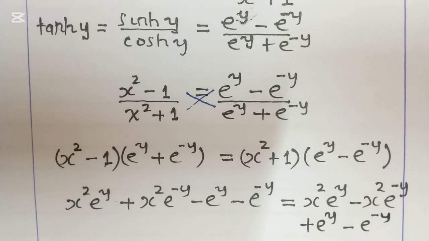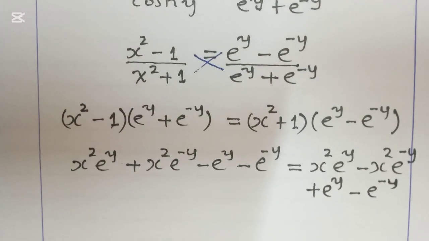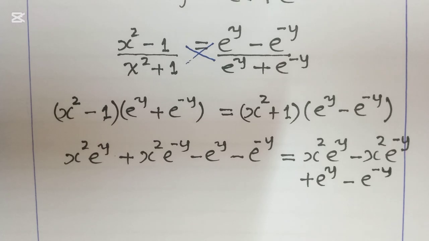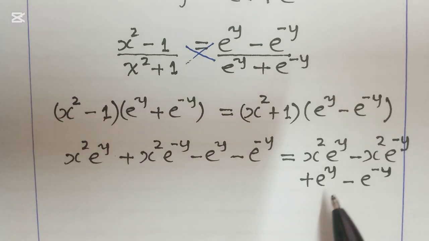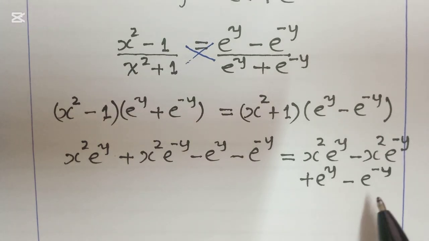Like that, guys. So after that, we are going to cancel those terms that can be cancelled, and those that can be added together or subtracted are going to remain. So we look at both sides. If there are terms that are the same, we can cancel them.